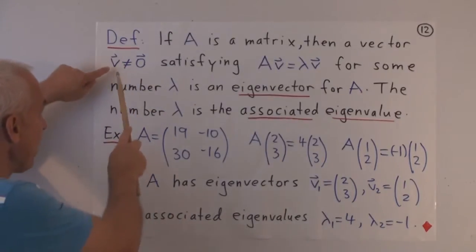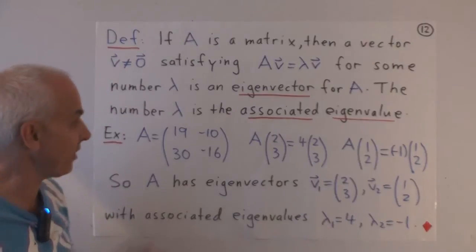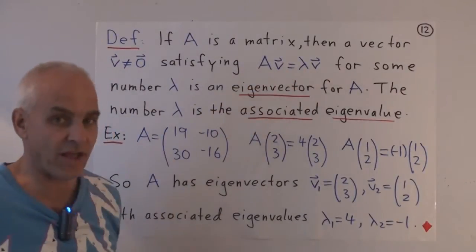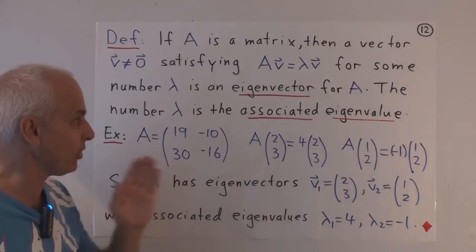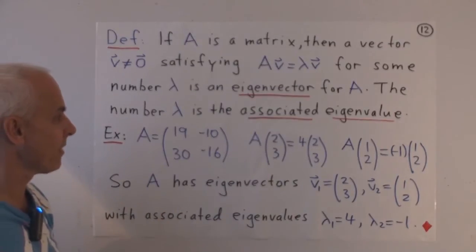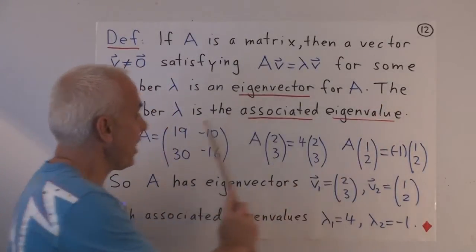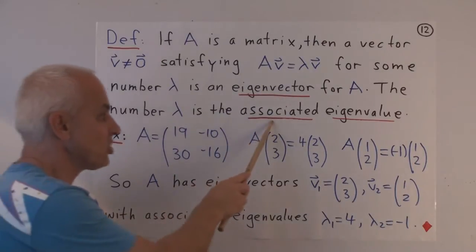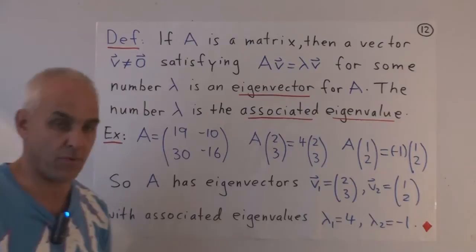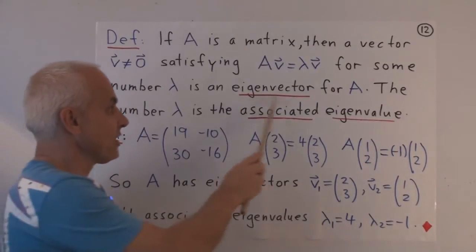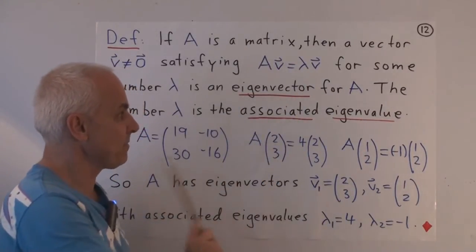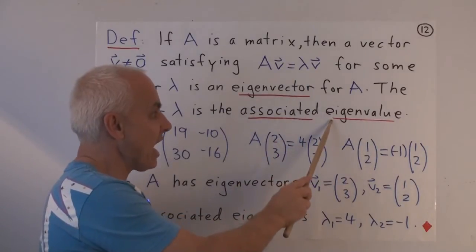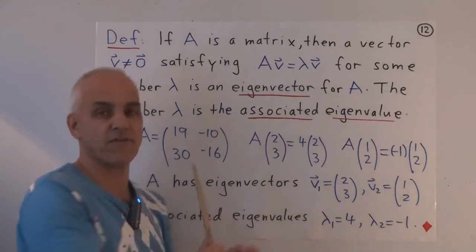With the stipulation that eigenvectors are not allowed to be zero, because the zero vector always satisfies this. So we're not going to include that. And then, associated with that, the number lambda that appears in this equation is the associated eigenvalue. So the vector V is the eigenvector, and the number lambda is the eigenvalue associated to the eigenvector V.